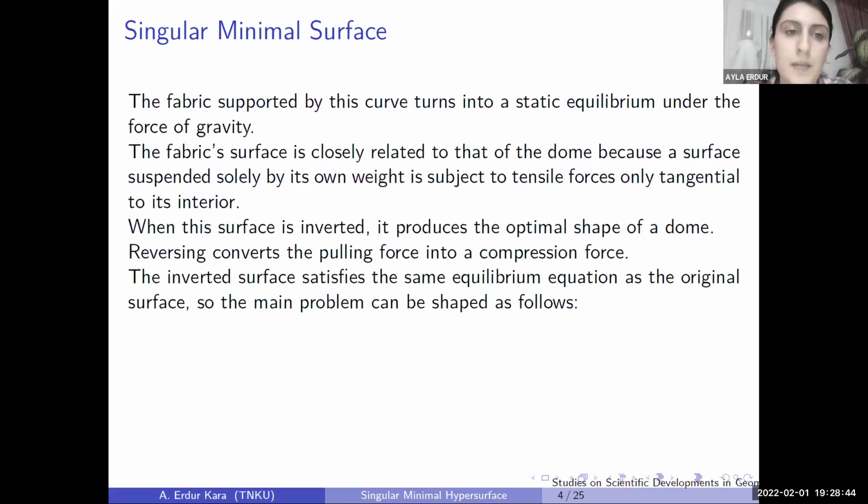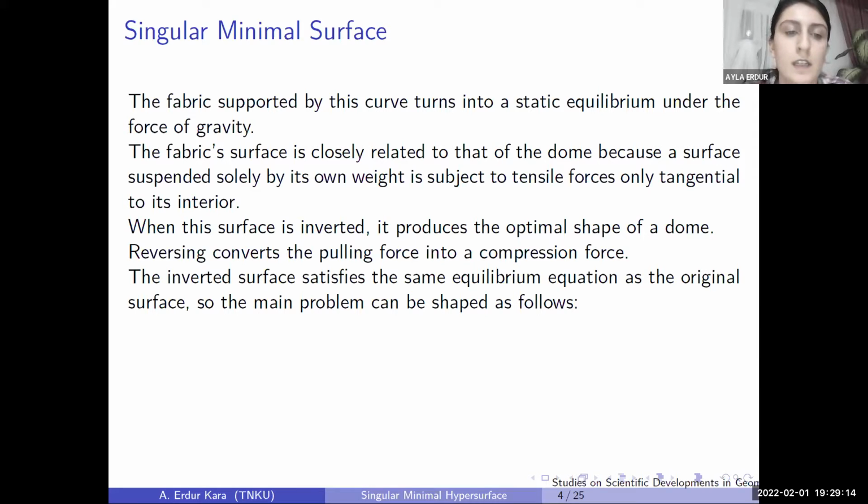The part supported by this curve turns into a static equilibrium under the force of gravity. The fabric's surface is closely related to that of the dome, because it is a surface suspended solely by its own weight, subject to tensile forces tangential to its interior. When the surface is inverted, it produces the optimal shape of a dome.